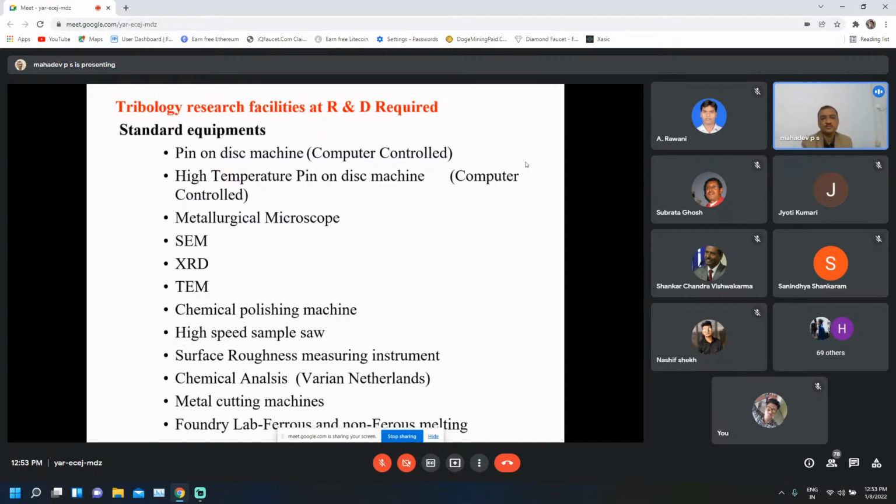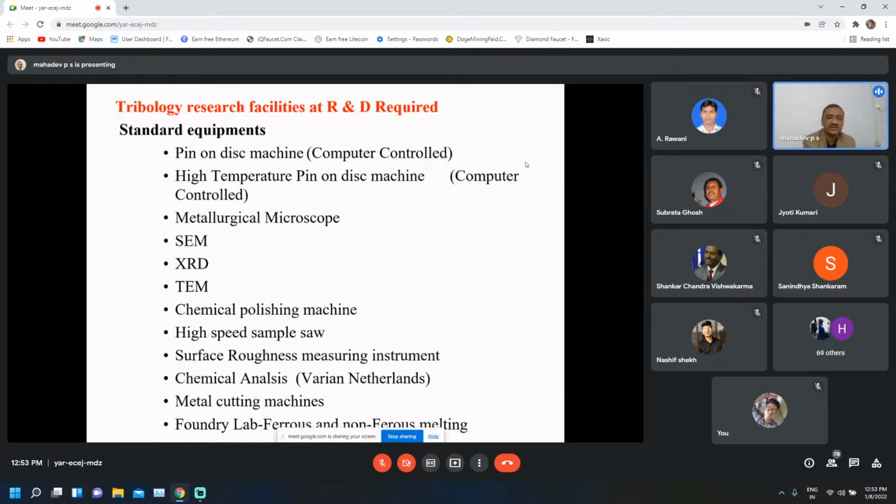A chemical polishing machine can be purchased. It doesn't cost much. And a high-speed sample cutting machine can be purchased. Even a surface roughness measuring instrument can also be purchased. Mitutoyo Japan instruments are available at minimum cost.